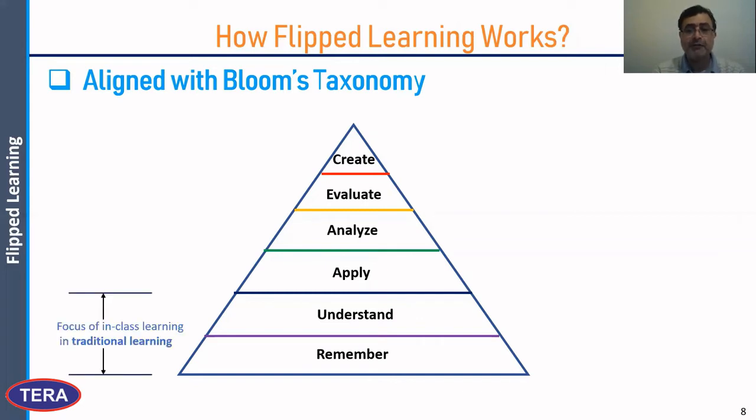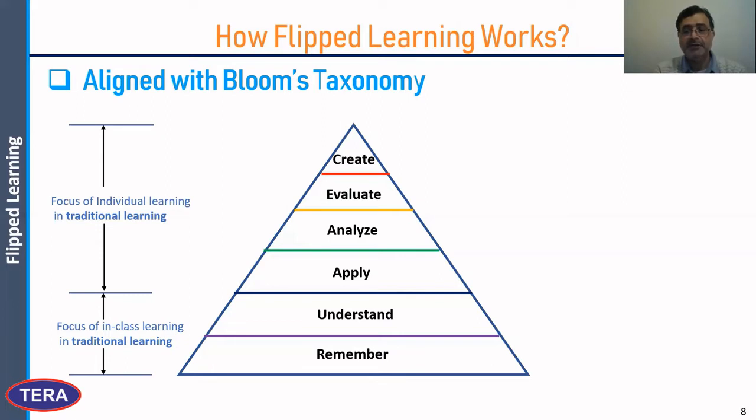So the bottom half is the focus for traditional learning. And then the students work out the more complicated extension of that basic knowledge, the upper half of Bloom's taxonomy, through work done after class, especially homework or projects.